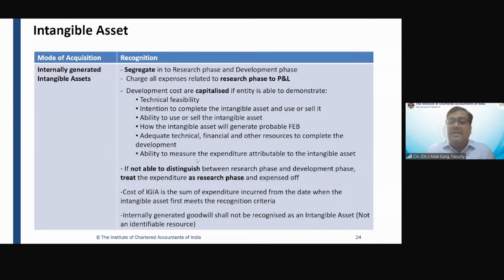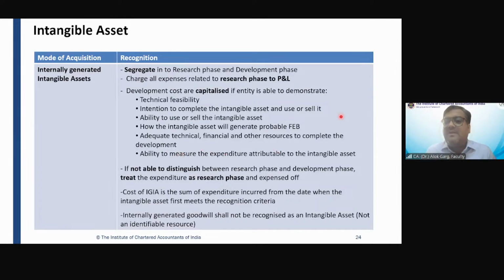The company is able to demonstrate how the intangible asset will generate future economic benefit. Adequate technical, financial, and other resources to complete the development: whether the company has adequate doctors, funds, and resources to complete the development of the intangible asset.